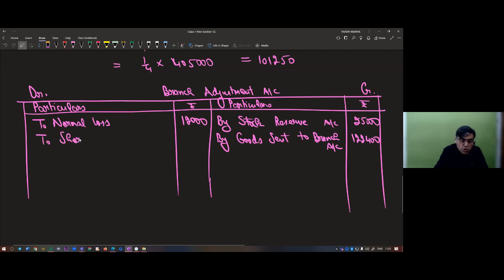To shortages, 8,750 divided by 5, 1,750 shortages.